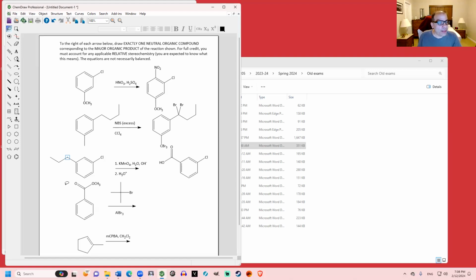But that carbon that I've just highlighted is a CH2, so it has at least one benzylic hydrogen, 2 to be exact. So the carbon that I've highlighted gets oxidized all the way up to a carboxylic acid functional group, which is as high as you can go, and the other two carbons just become CO2. So I think this benzoic acid derivative is the best answer.